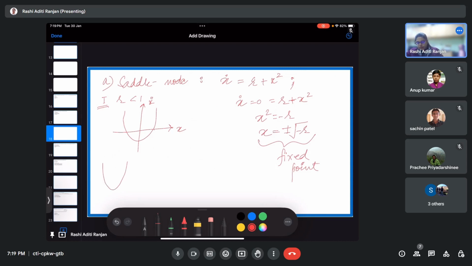This is a stable equilibrium state and this is an unstable equilibrium state. If I take this ball and keep it here and then leave it, what is going to happen? It is going to oscillate and come back to this position again. But if I displace this ball even by a small value, it is going to go far away from this state. It is never going to come back. So this is a stable equilibrium point and this is an unstable equilibrium.